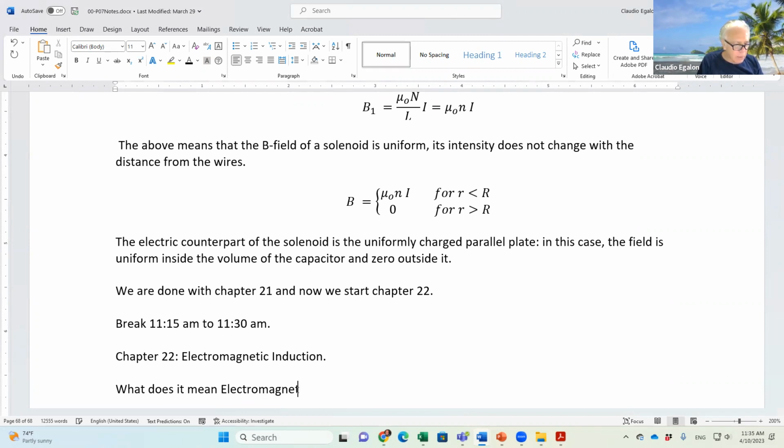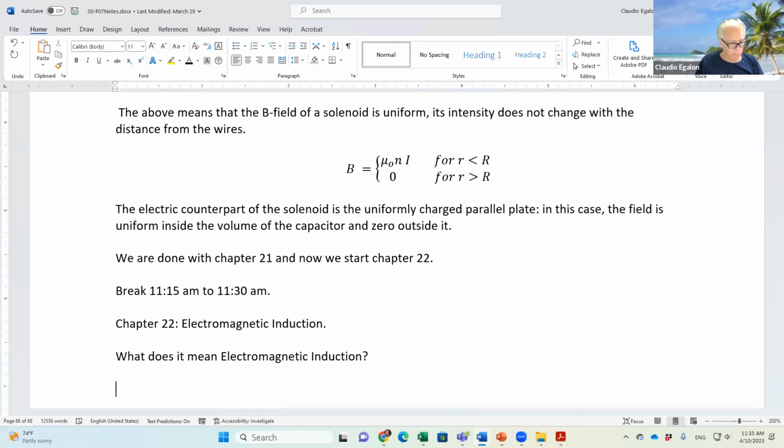It means the following: we can induce an electric and magnetic field by means other than using a battery.